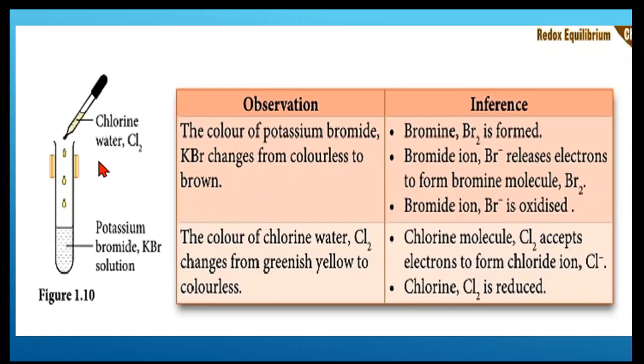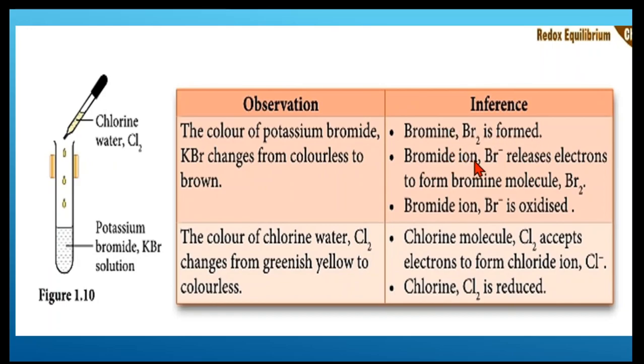Okay, tengok di sini. Di sini kita ada potassium bromide solution KBr. We add chlorine water Cl2. So we have observation. The first one, the color of potassium bromide changes from colorless to brown. This one mula-mula colorless, dia change into brown. Inference dia ialah bromine is formed.